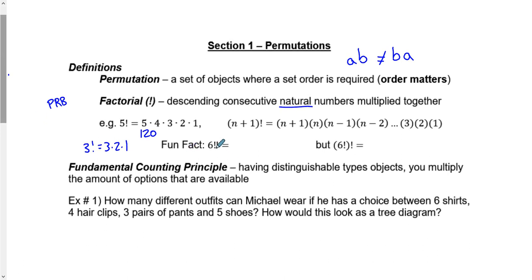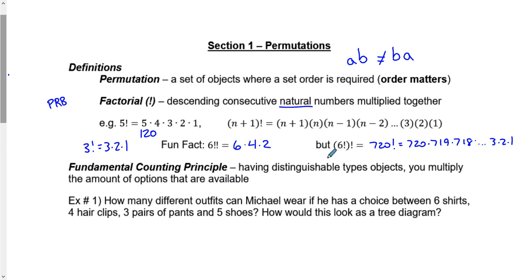First, a double factorial actually means we take 6 and we skip numbers. So 6 times 4 times 2. But 6 factorial with brackets means we still have to do the bracket first. So 6 factorial is 720, and 720 factorial would mean 720 times 719 times 718, all the way down to 3 times 2 times 1.